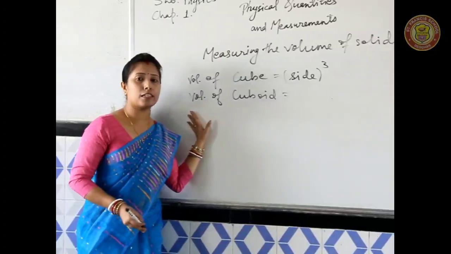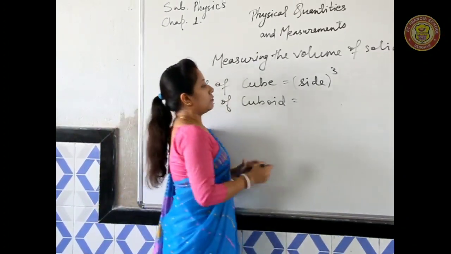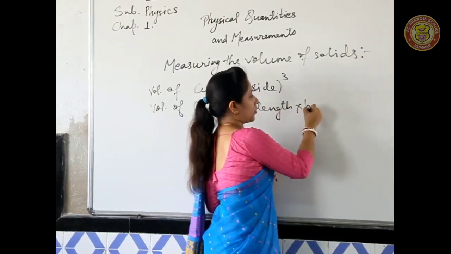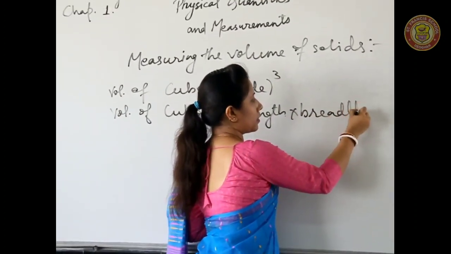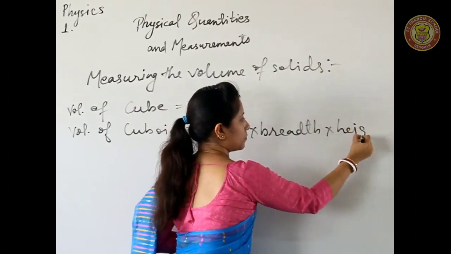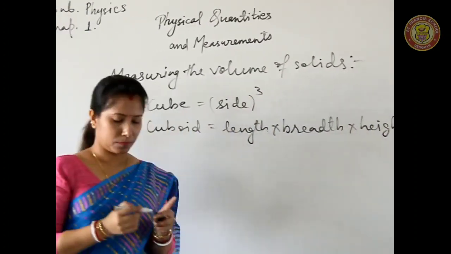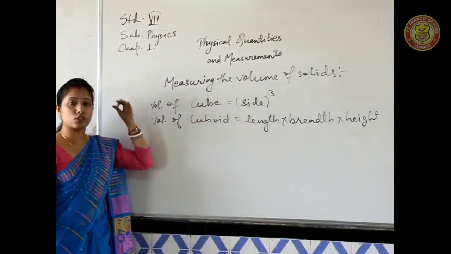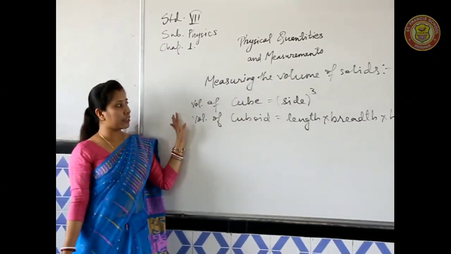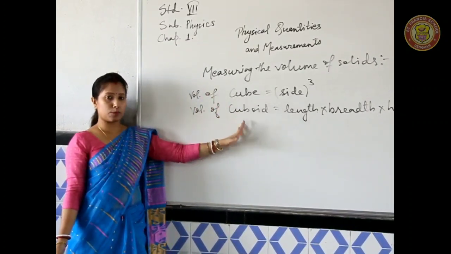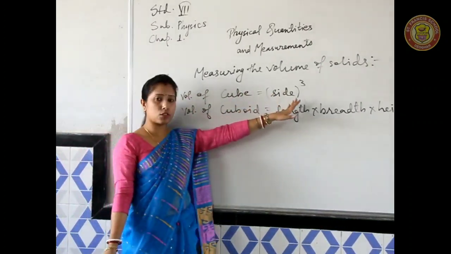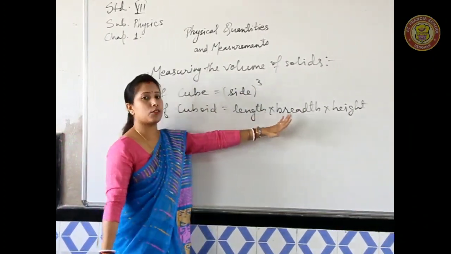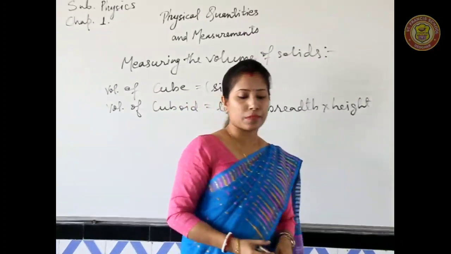So in order to find the volume of cuboid, we will use length into breadth into height. So measuring the volume of solids, the two solids that we usually use are cube and cuboid. Volume of cube equals side cube. Volume of cuboid equals length into breadth into height.